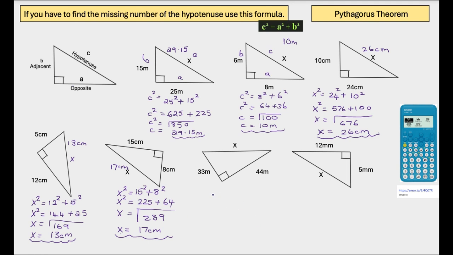And again, X squared equals 44 squared plus 33 squared. Work that out. That's a massive number. 1936 plus 1089.